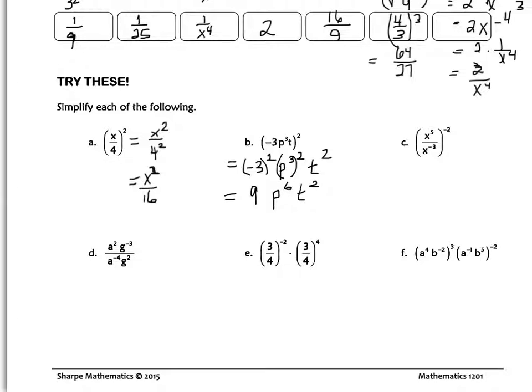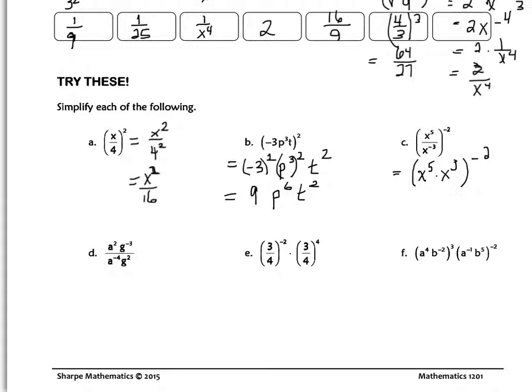The next example, I see outside here the negative in the exponent. So I could flip the base and raise it to the positive, or another thing I can do is simplify what's inside the brackets first, and I think I'm going to do it that way this time. So this one, I would write that as x to the 5 times x cubed inside, because that's an x to the negative 3 in the denominator.